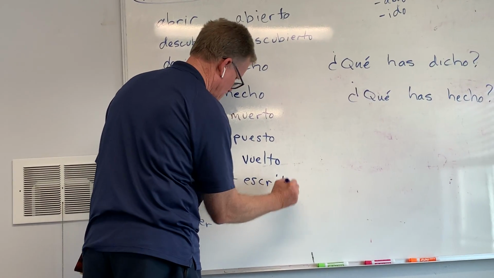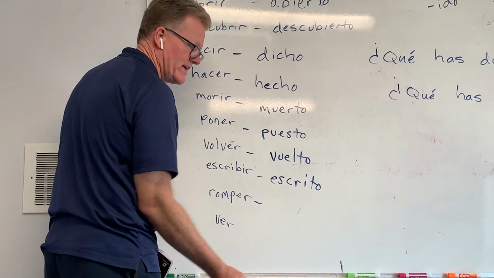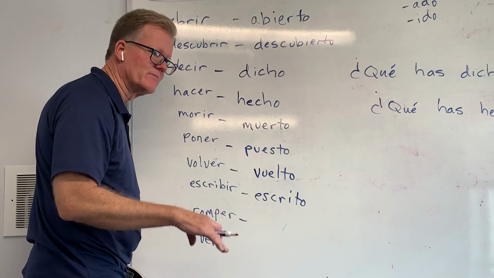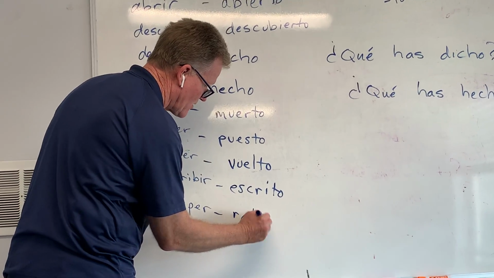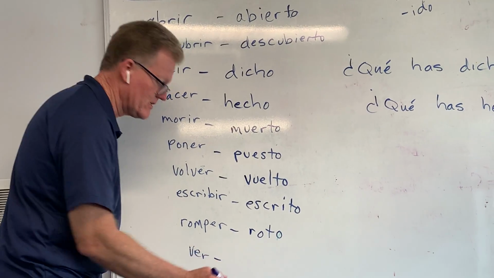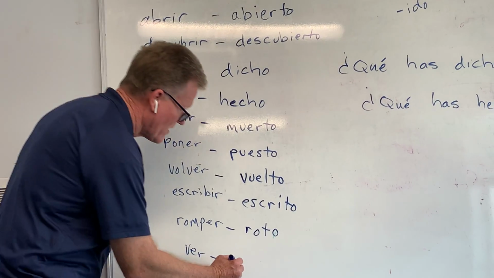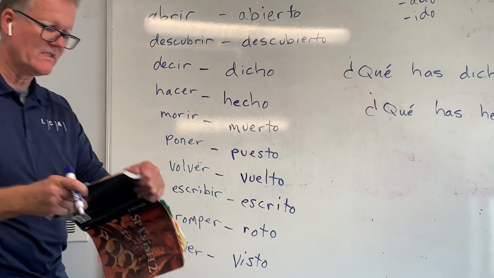Escrito. Okay, escrito. Romper is to break, like to tear, not to fracture, but to tear. And the participle is roto. Okay? Ver is to see. The participle is visto. Seen.